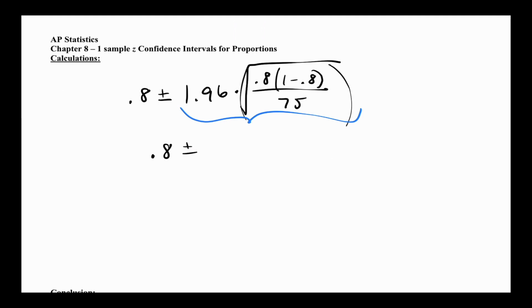Okay, so for the margin of error, let's see if yours matches mine. 0.091. Okay, that's the margin of error. It's a proportion, so it's about 9%. Now to figure out the interval, where does it start and where does it end? I'm going to add these two numbers, and that'll give me the end. And then I'm going to subtract these two numbers, and that'll give me the start.